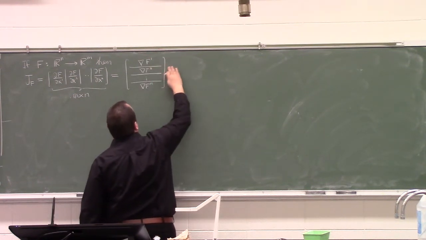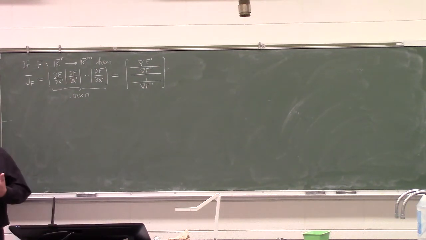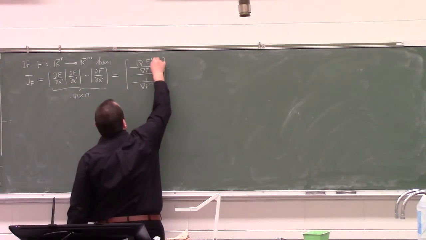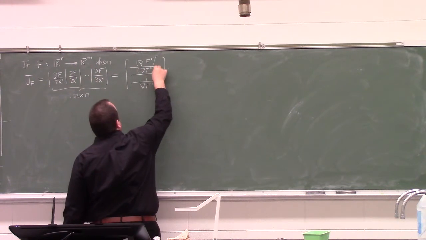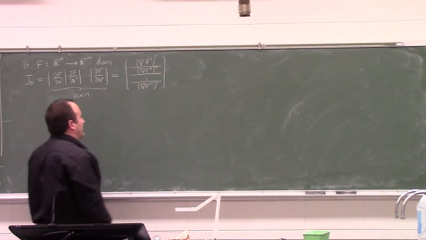If you're thinking of gradients as row vectors. If you think of gradient as a column vector, then I've got to put some transposes there, right? And since I usually do think of gradient as a column vector, I owe you transposes here, I guess. Fine. If I hadn't told you about the transpose, you probably wouldn't have cared. Whatever.